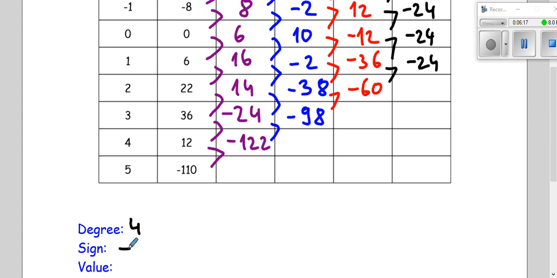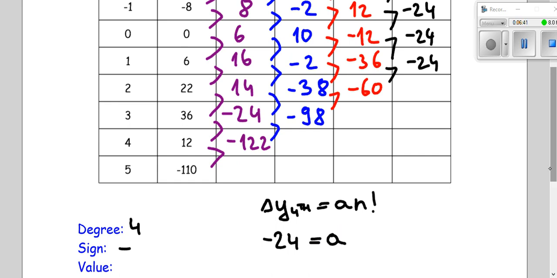So for value, we're going to go to our formula, delta y for the fourth differences. It is still a times n factorial. We have the fourth difference value, which is negative 24. We are looking for the value of our leading coefficient, which is a.